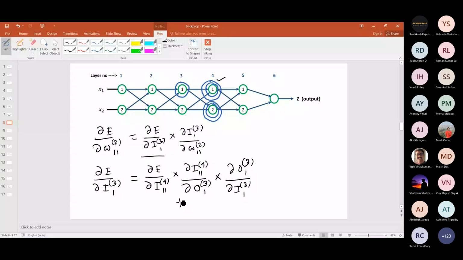Now I will consider it. So what will be the expression for this one? Can you please suggest? Del E by del I 1 to layer 4, 1 to 4. Then into del I 1 to 4 by del O 1 3.